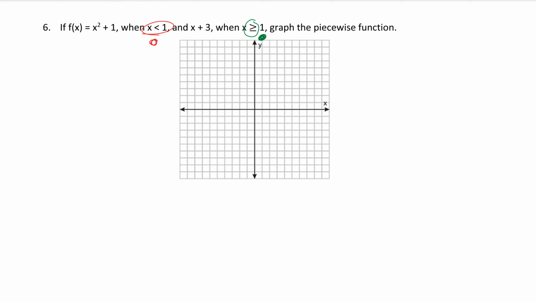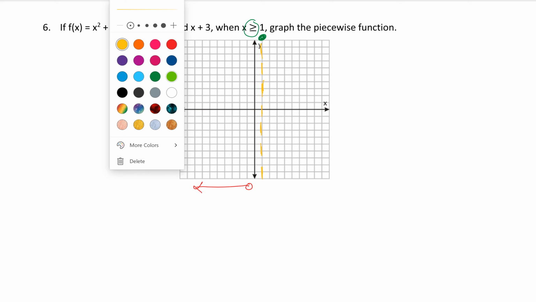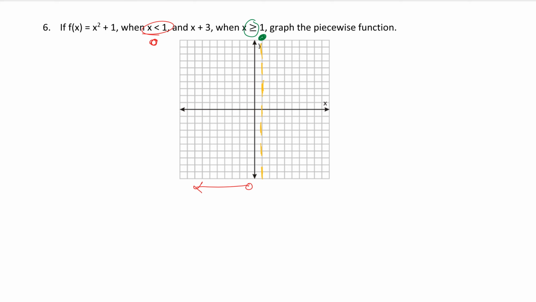So I know that on my line at 1, I'm going to go ahead and just put a little yellow line so that I know on this side will be this part of the graph, and it'll start with an open circle. And then on this side of my line, I'm going to have a closed circle, and it's going to go this way.